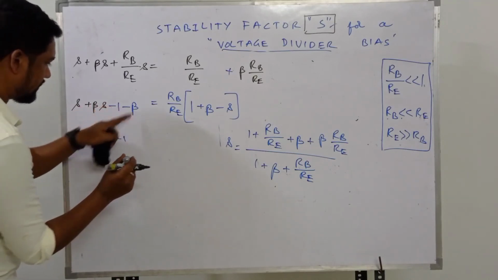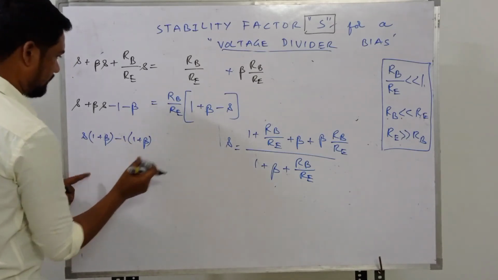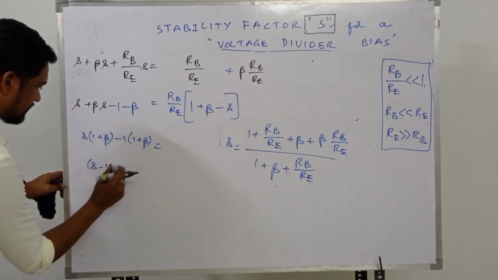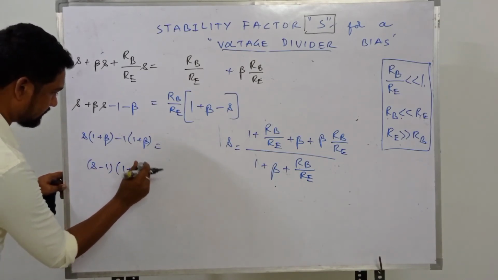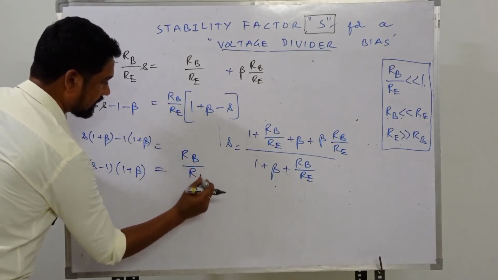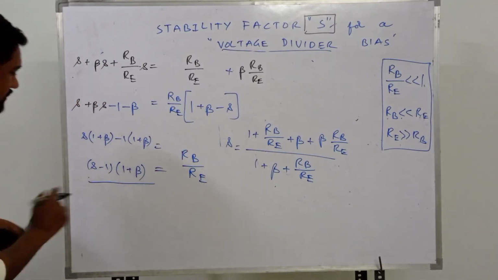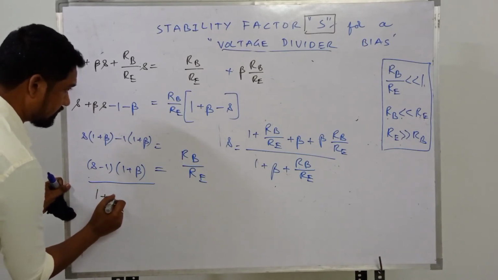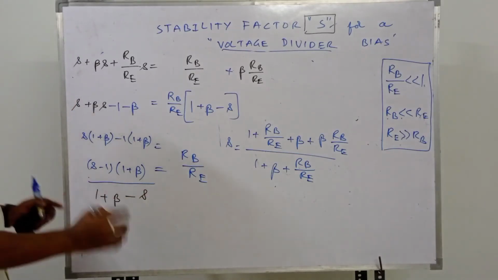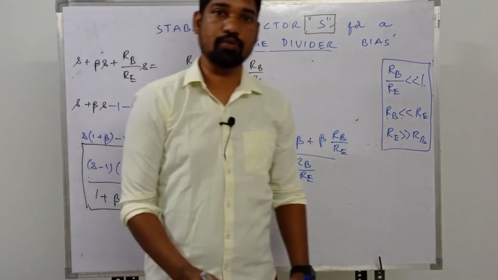Minus 1 is common from here and here. What do we have? 1 plus beta, right? Which is equal to that one. So here S minus 1 into 1 plus beta is equal to RB by RE. It's multiplying, that coming this side it will be dividing, 1 plus beta minus S.